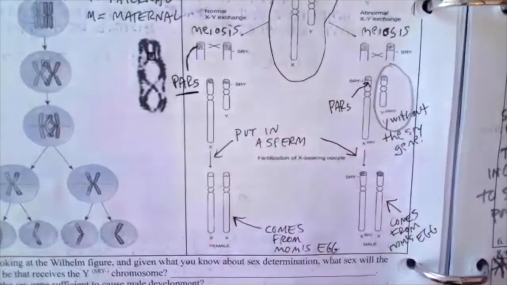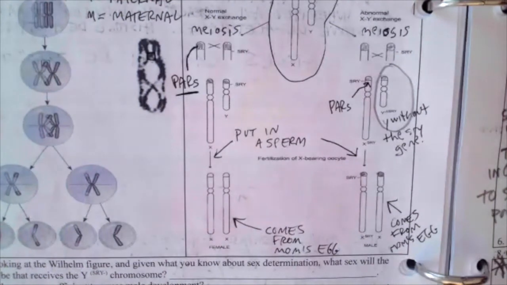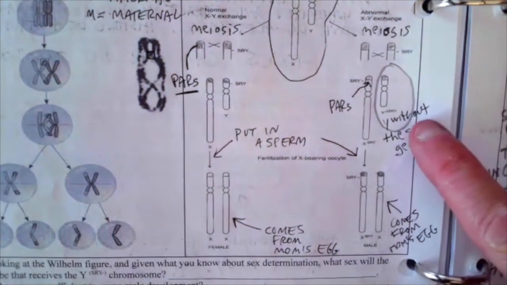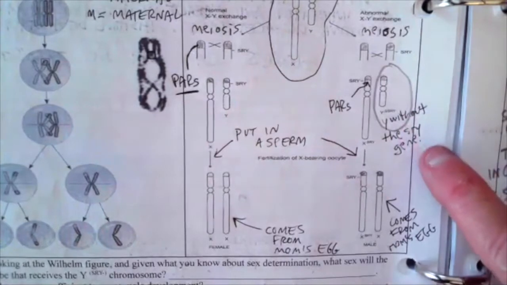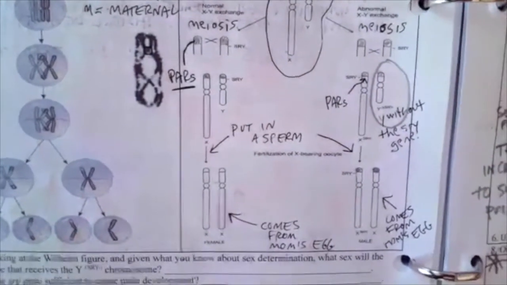Sorry, could you repeat the first part of the question? Well, it's question 1, so everyone should probably look at that. It's looking at the Wilhelm figure. Given what you know about sex determination, what sex is the child going to be that receives this Y chromosome without the SRY gene? What do you think, Ari?